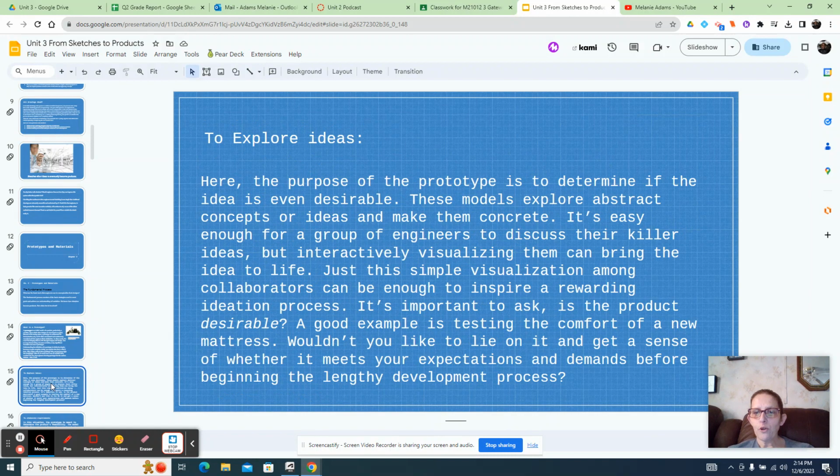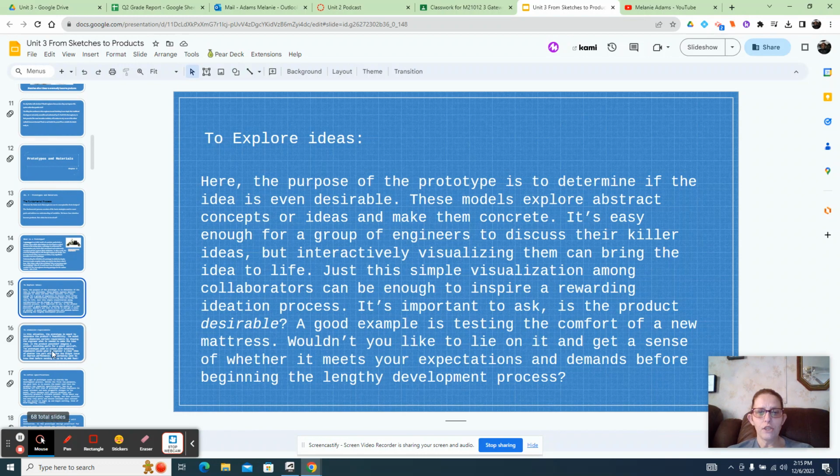The purpose of a prototype is, again, to see if your model is going to work in concrete terms. It's really a simple visualization to help collaborators decide if it is desirable, if it meets the criteria, and if it meets the constraints of your product.